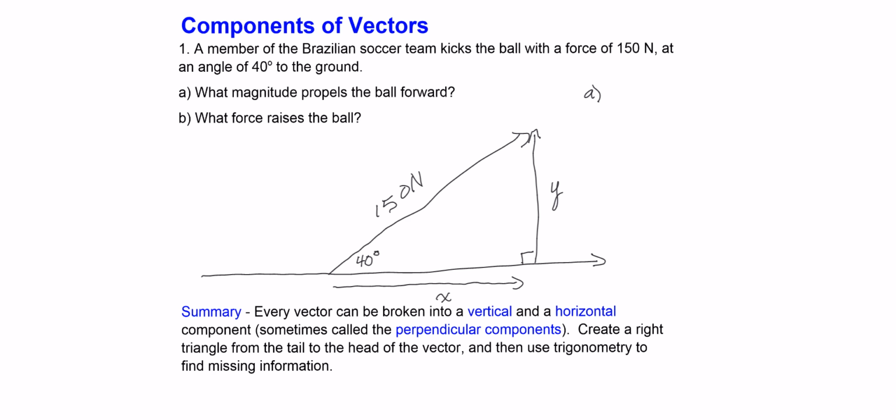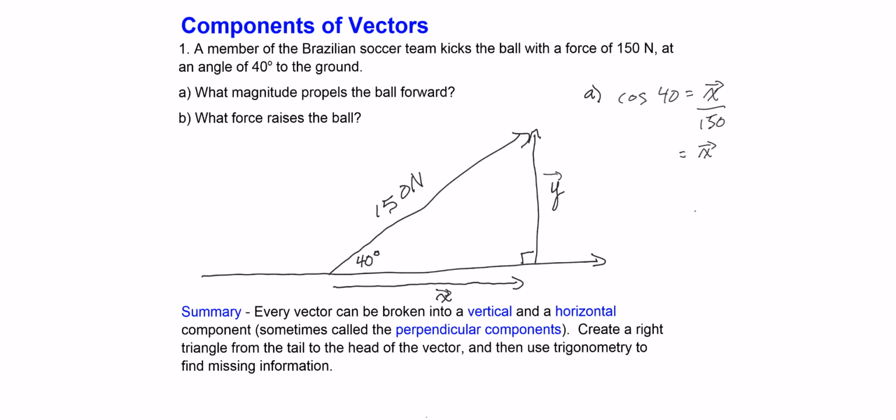Now, in order to figure out the force that kicks the ball horizontally, all we're going to do is figure out the cosine of 40 to find this value x. So let's do that right now. We get the following equation: cosine 40 is x over 150.